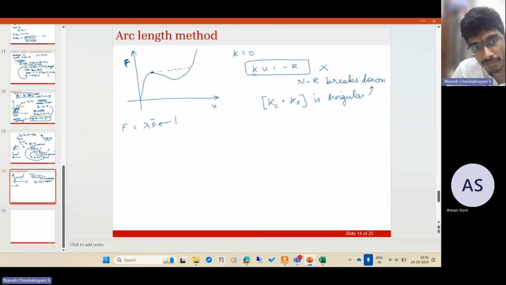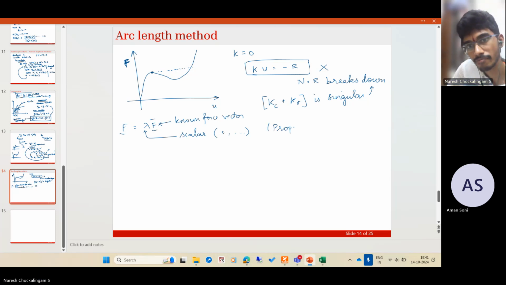This is a known force vector, and this is a scalar. The scalar can take some values from 0 to whatever, 2 or 3 or whatever the maximum is. When it is 0, the structure or solid is unloaded. As we take it to some point, it has some force. And it is proportional loading. All the components of the force are increasing at the same rate. So this is proportional loading, and this is the load factor.